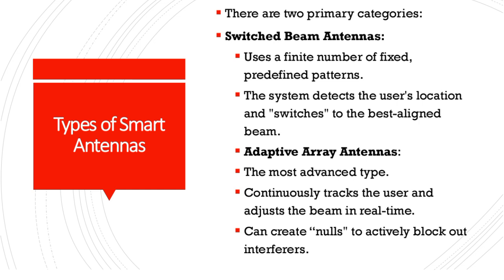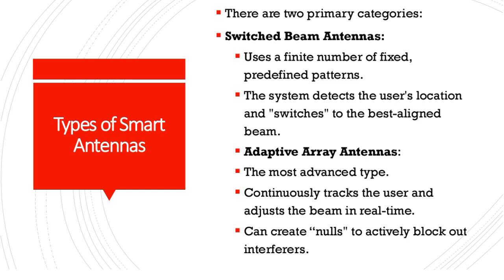The second category is adaptive array antennas. It is the most advanced type. It continuously tracks the user and adjusts the beam in real time. That is why nowadays all systems can continuously access data. That means we technically have what is termed seamless connection.